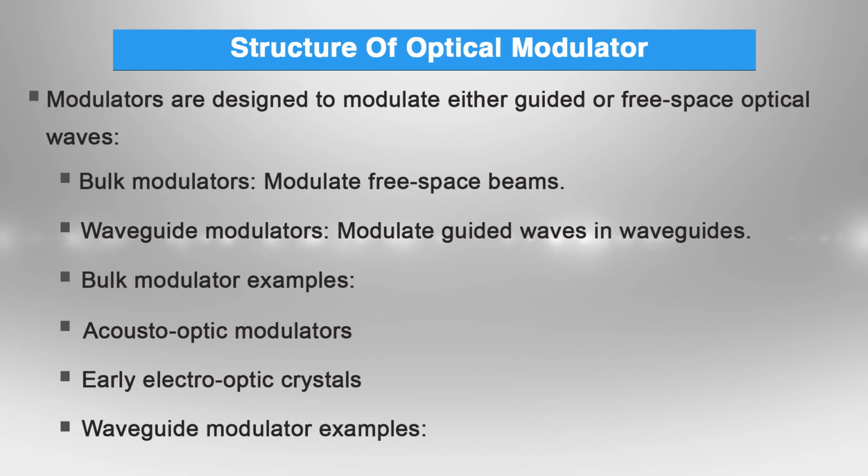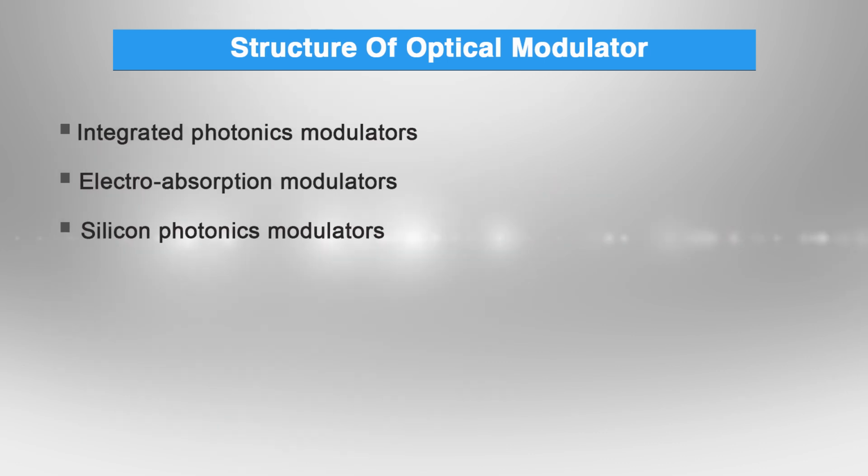Second type of modulator is waveguide modulators. They modulate guided waves in waveguides. Some examples are integrated photonic modulators, electroabsorption modulators, and silicon photonics modulators. Waveguiding enables miniaturization and integration, but it requires guided wave coupling.